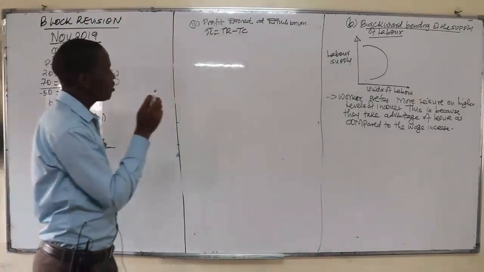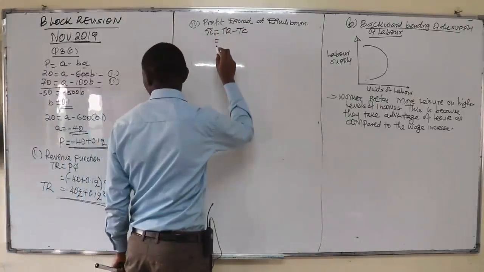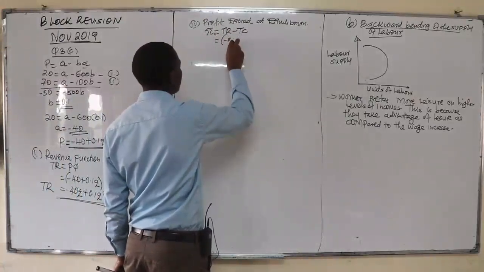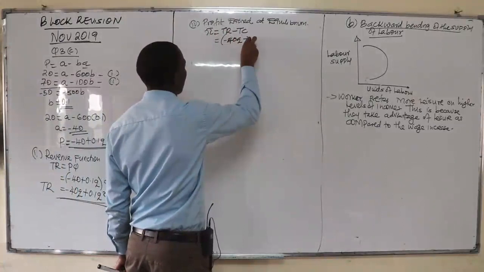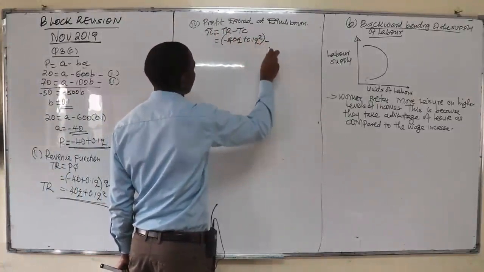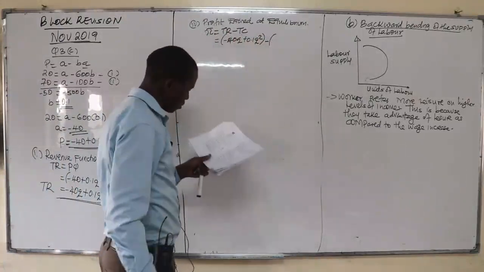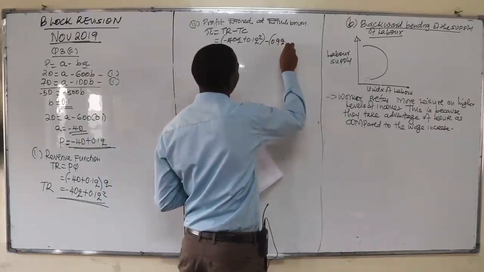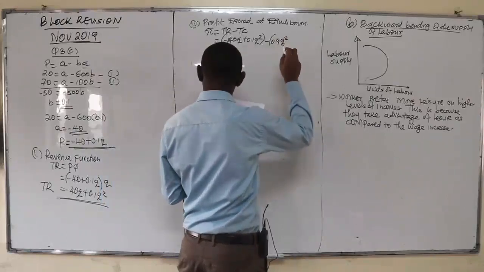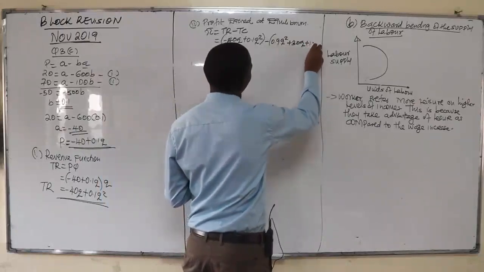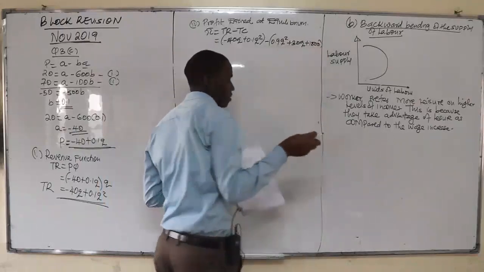So do we know the total revenue? Total revenue, we know it is negative 40 Q plus 0.1 Q squared, minus, we know the total cost: 0.9 Q squared, plus the other Q term, you also add 1,000.